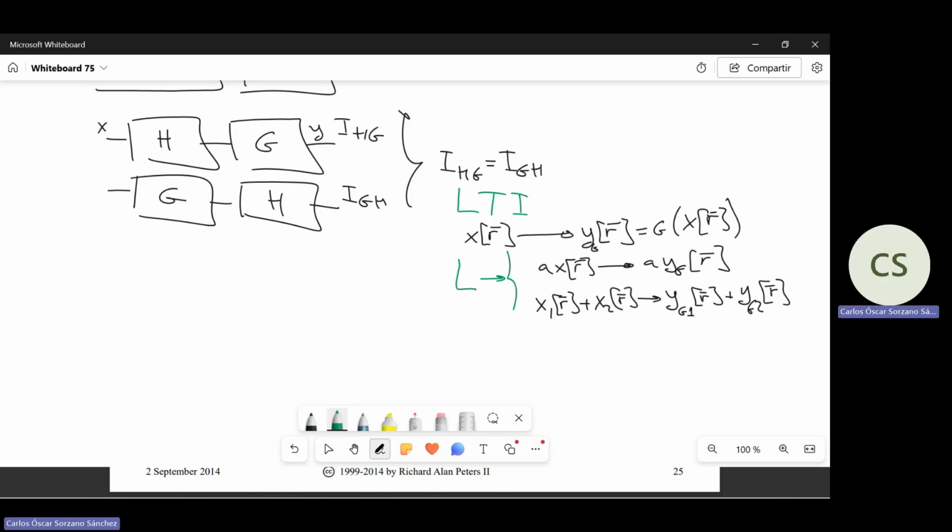What about time invariance? Time invariance means that if I shift the image, what I get is the shifted response. So if my input is X of r minus r0, the output will be Y of r minus r0.